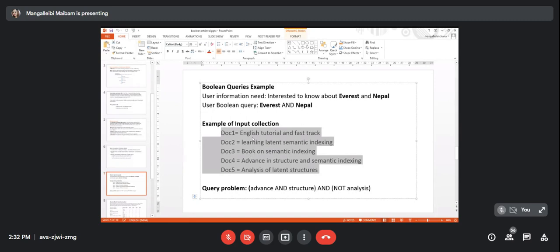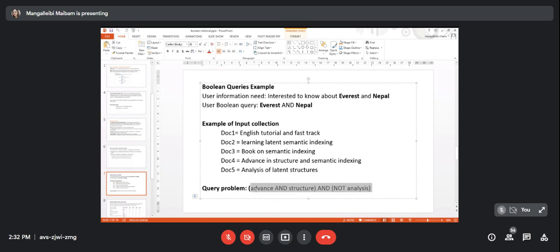Suppose from all these documents, I want to search and retrieve some information. For example, you see the query here. I want to search advanced, which is there in D4, and structure, which is there in D4, and not analysis. So analysis must not be there.